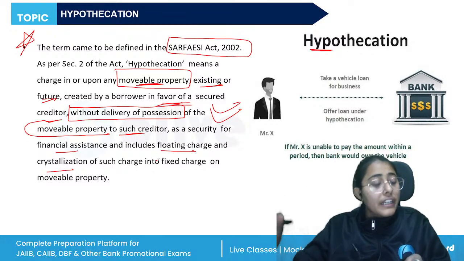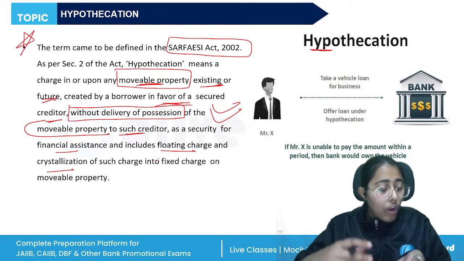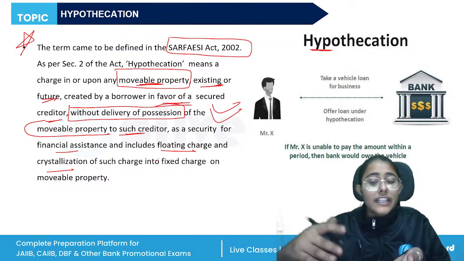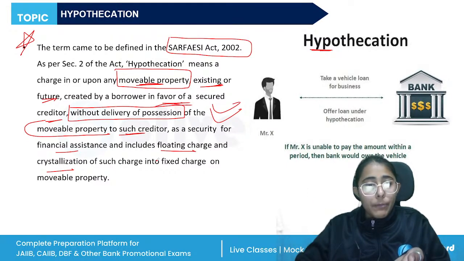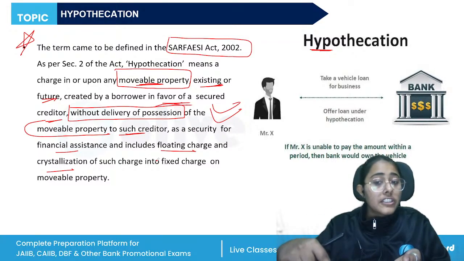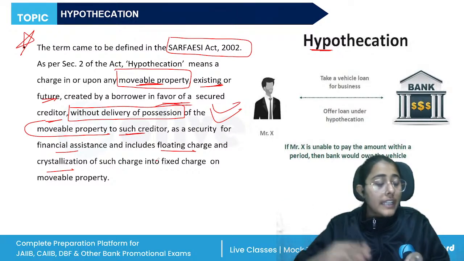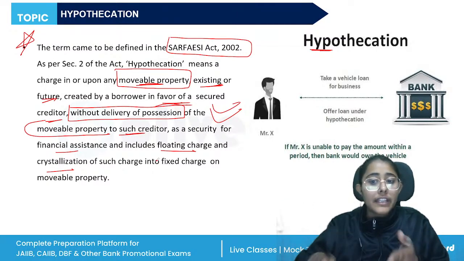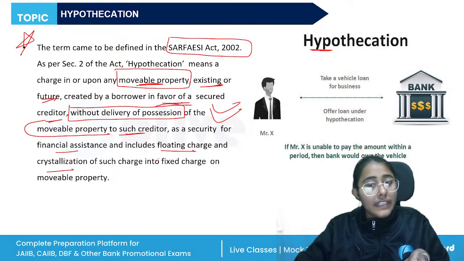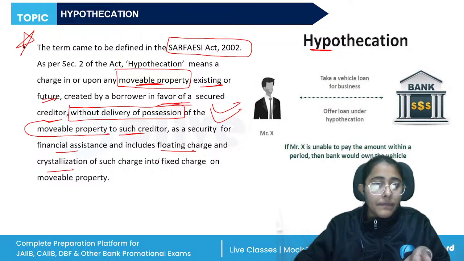Basically, hypothecation is different from mortgage. The mortgage relates to the immovable property, hypothecation relates to the movables. And in the mortgage there is a transfer of interest in the property, but hypothecation involves only an obligation to repay the money, and there is no transfer of interest. Only an equitable charge is created in favor of the lender or the creditor, right?